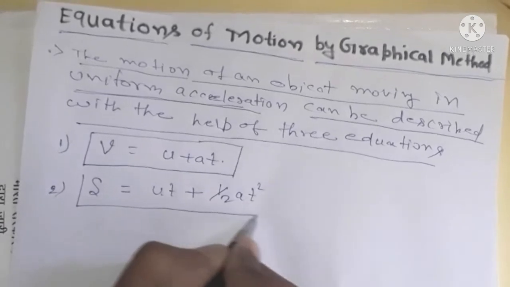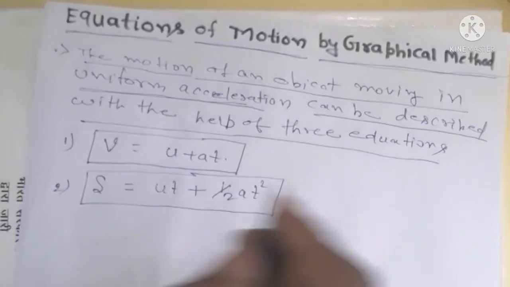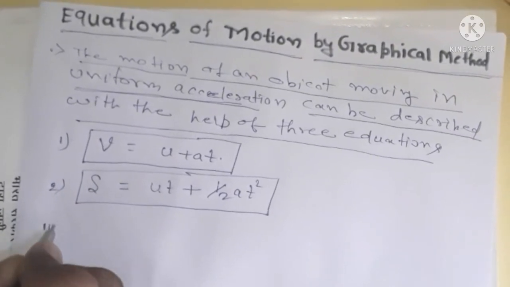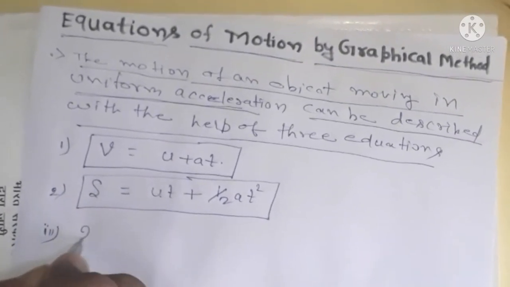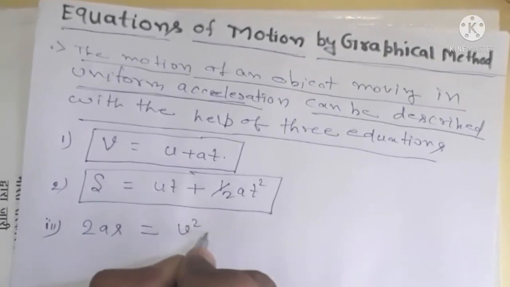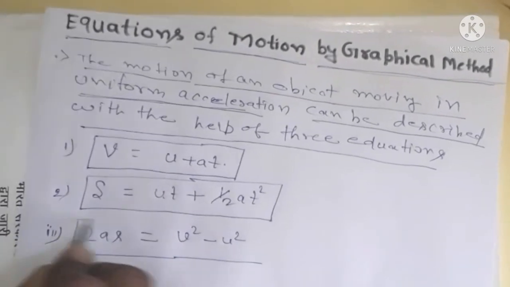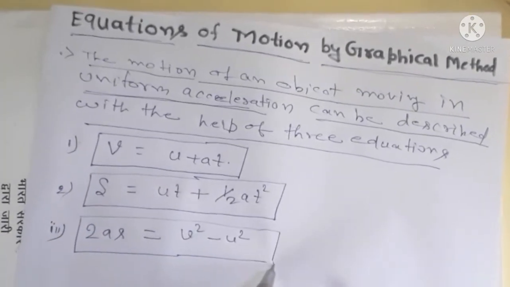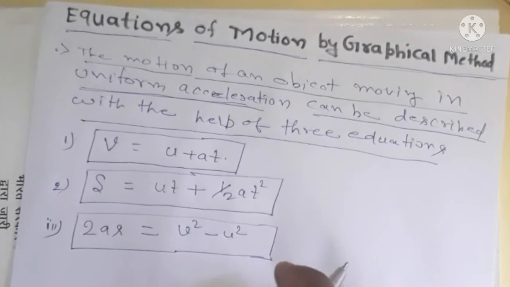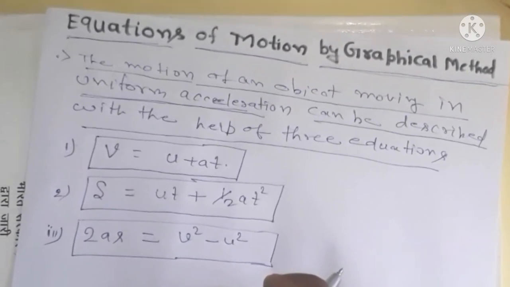Third equation is 2as equals v square minus u square. These are our three equations to describe the motion of an object moving with uniform acceleration.